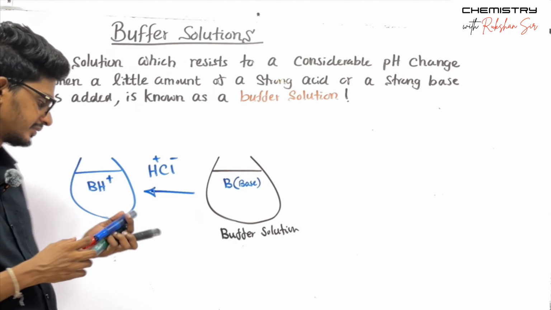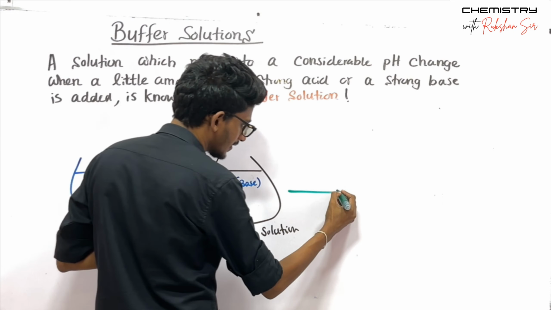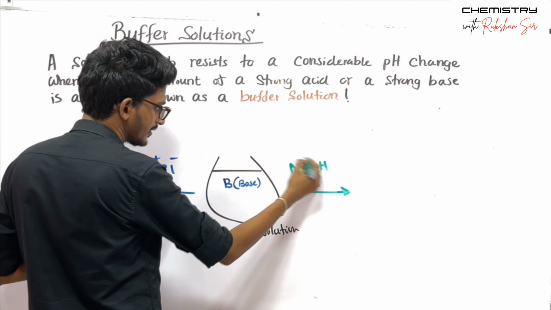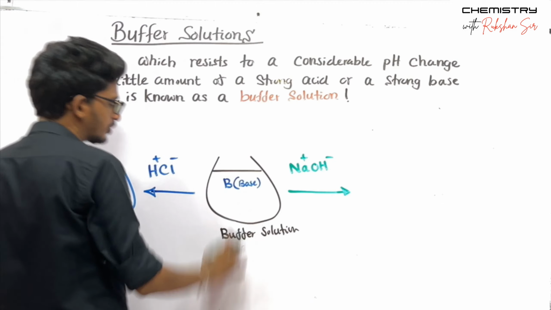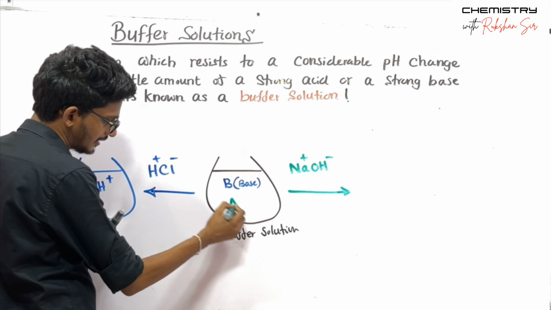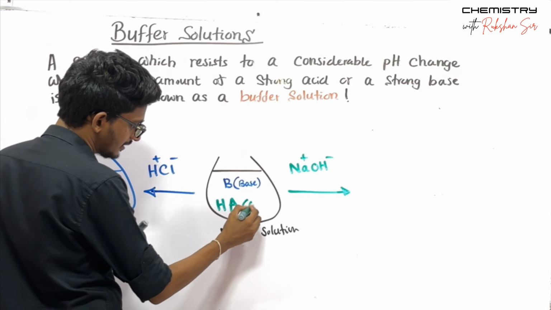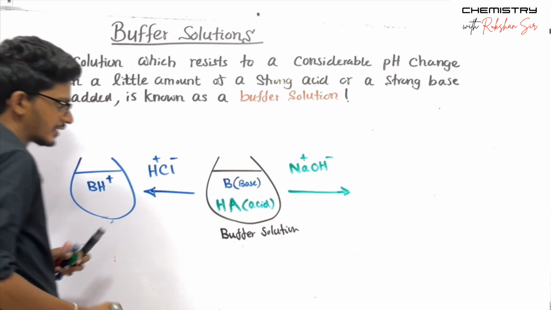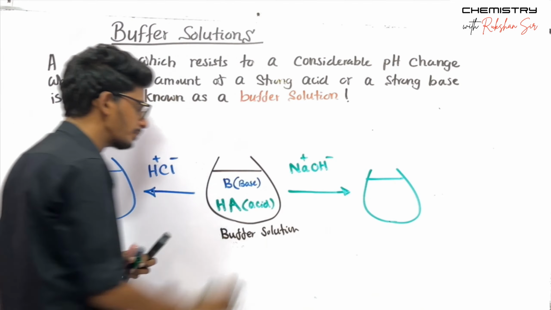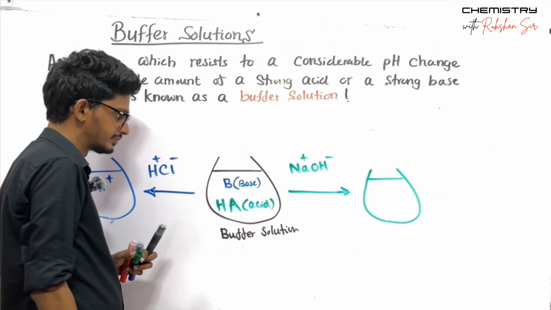On the other hand, to neutralize the OH minuses you are supposed to add from strong bases, the buffer solution should contain some acids as well. Let's consider it as some acid, some HA, so that the OH minus added by a strong base will be neutralized by the acid of the buffer solution.